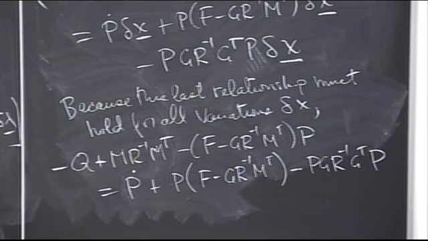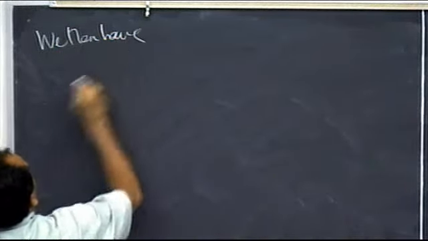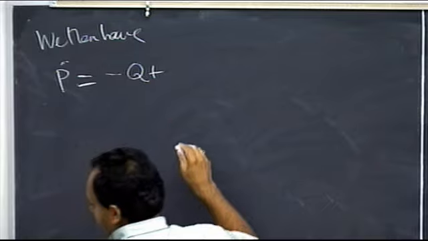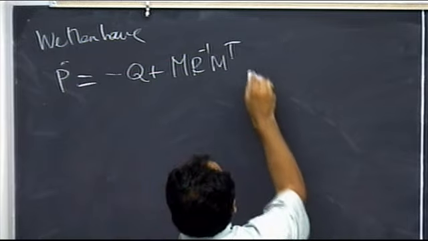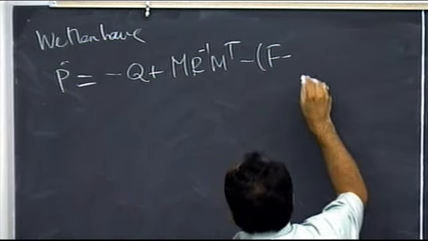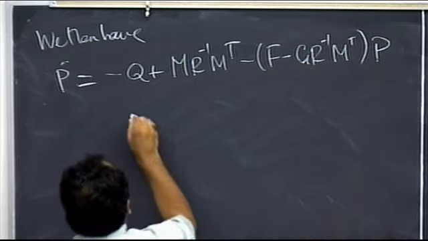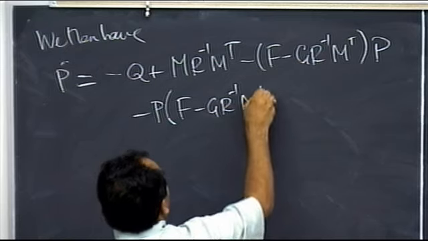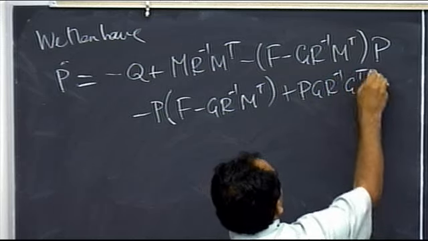So if you rearrange that last equation, we get p dot is equal to minus q plus m r inverse m transpose minus f minus g r inverse m transpose times p minus p times f minus g r inverse m transpose plus p g r inverse g transpose p.